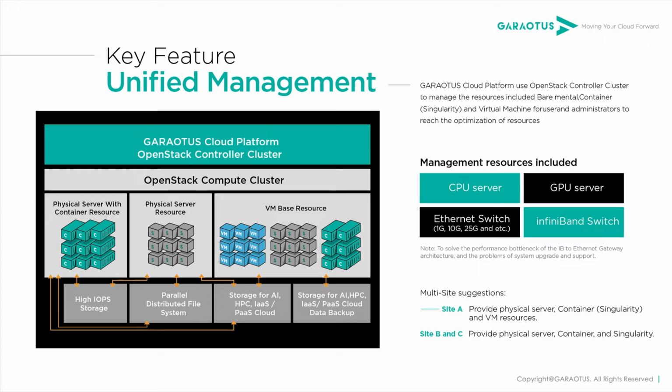For example, we have sites A, B, and C. When the computing power of site A is fully consumed, you can direct the job to site B or site C to do the job. So the resources can be used more efficiently.